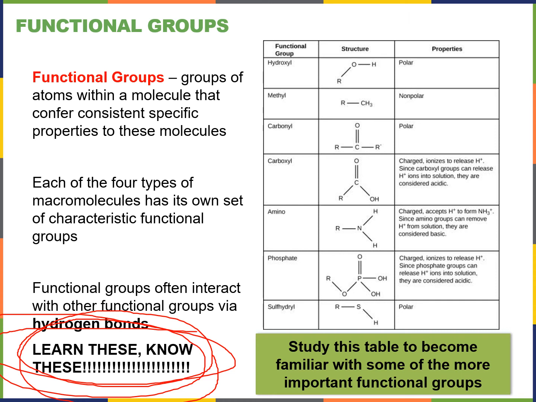High levels of free hydrogen in an aqueous solution means that that solution is now acidic. So, high levels of carboxyl means it's going to make an acidic environment to whatever molecule this functional group is attached to.